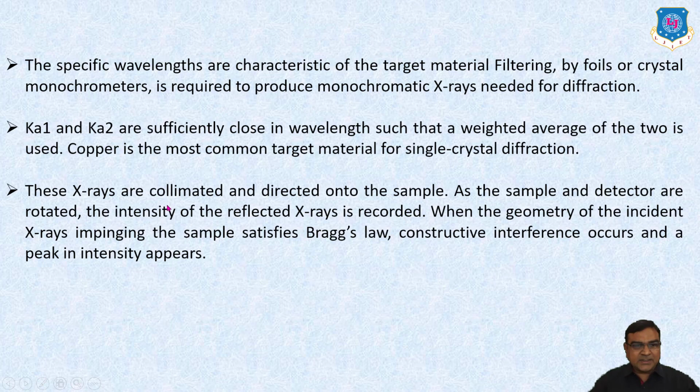These X-rays are collimated and directed onto the sample. As the sample and detector are rotated, the intensity of the reflected X-ray is recorded. When the geometry of the incident X-ray impinging on the sample satisfies Bragg's law, constructive interference occurs and a peak in intensity appears.